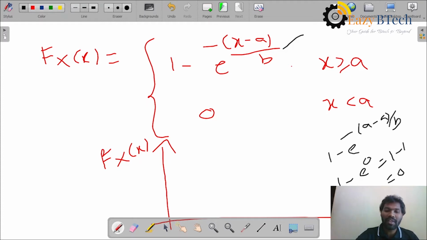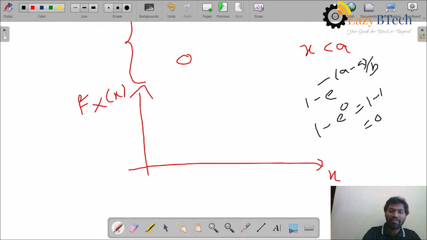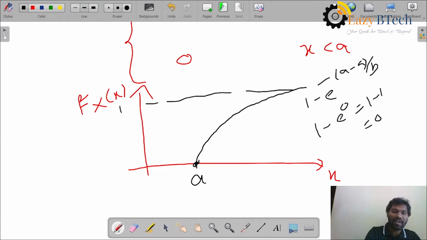So it starts at a value of 0 at x equal to a. As the value of x increases, slowly it increases, and at x equal to infinity it attains a value of 1, because we already know that the maximum value of a distribution function is equal to 1.